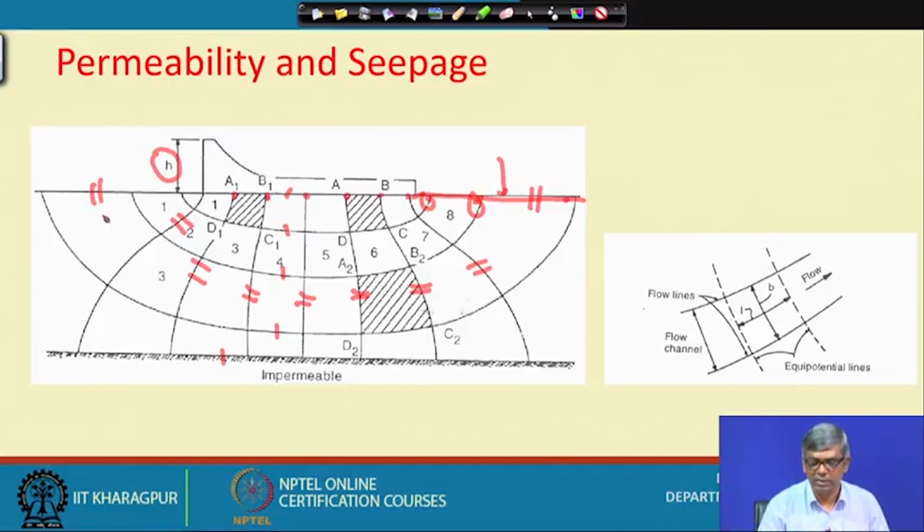There is another guideline which I will mention later. Based on this one has to draw, and then using this we have to see how to find out the seepage.